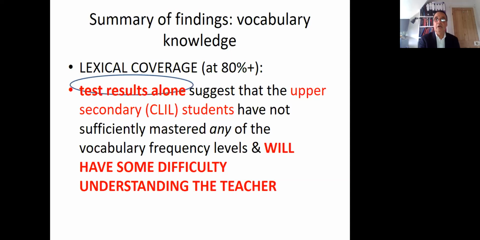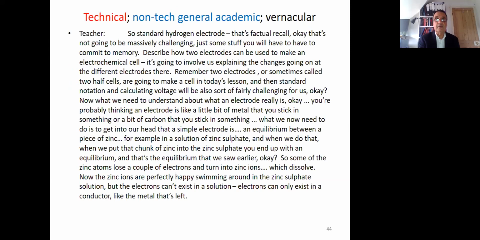However, that's just tests alone. We don't know how much strategic effort they were putting in. We know to some extent because of the results I've given you earlier. But in terms of vocabulary tests alone, they didn't have it. And as you can see, this is not that same study, but a different bit of data here.